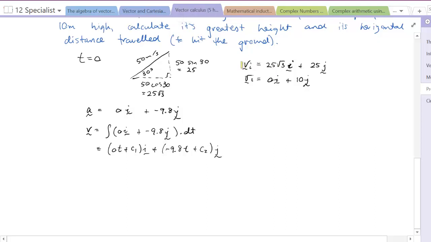We're going to use the initial velocity to give us this c1 and c2 value. So now we get 0t plus c1, and c1 is just going to be 25 root 3, as it's the initial horizontal velocity. And in the vertical plane, we get negative 9.8t plus 25, because that 25 is the initial vertical velocity.